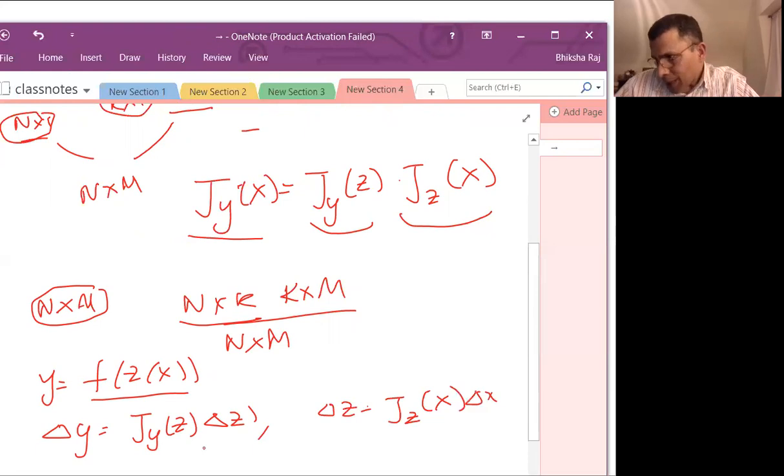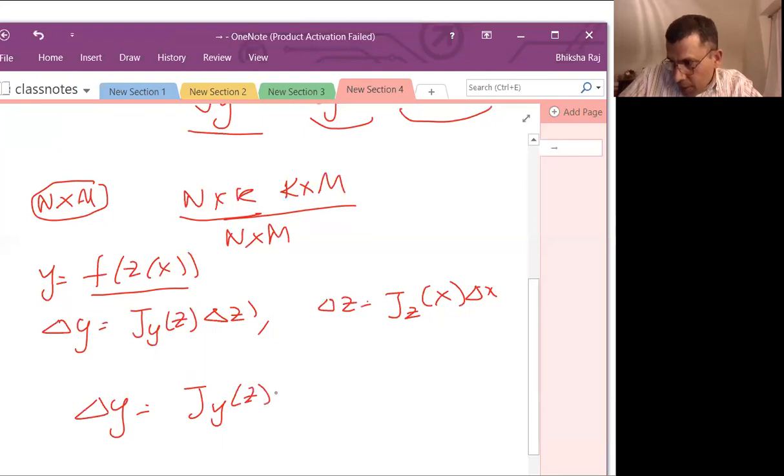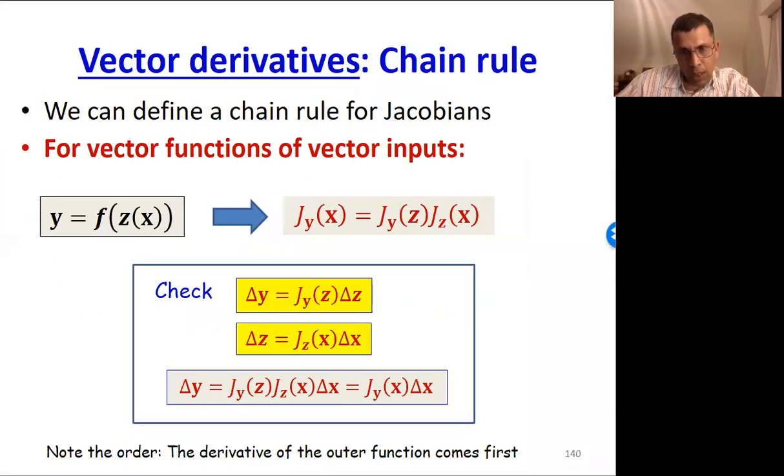So if you combine the two together, you're going to get delta y equals the Jacobian of y with respect to z times the Jacobian of z with respect to x times delta x, which tells me that this term over here is the derivative of y with respect to x. So you get the chain rule right out. So that's basically what we've got over here.